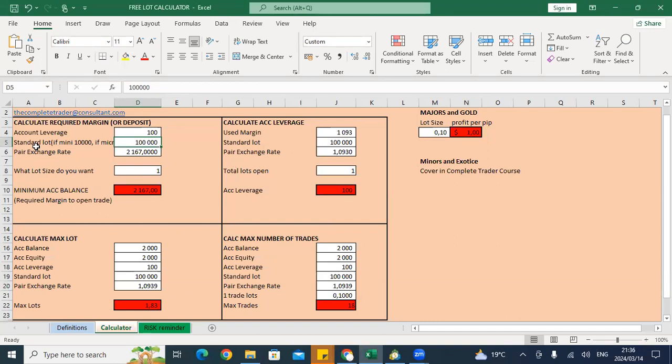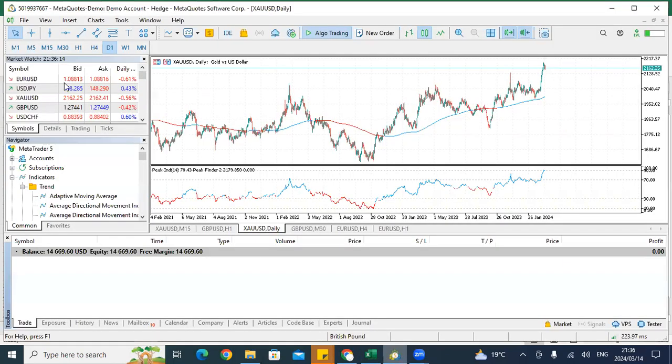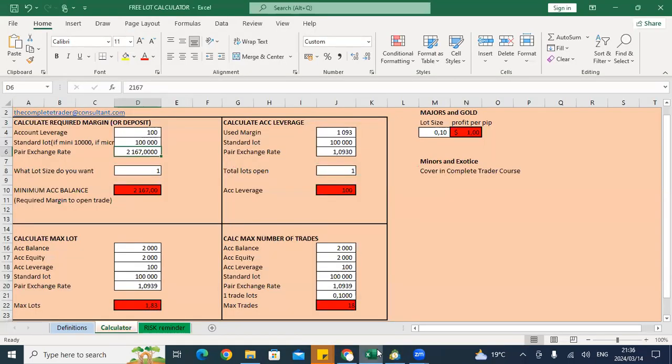But we're going to use a standard lot, which is 100,000. And say we have Euro USD. So I'm going to check the rate for Euro USD currently and see how much that is. Euro USD is 1.08814. Okay, so that's what I'm going to put for my exchange rate.